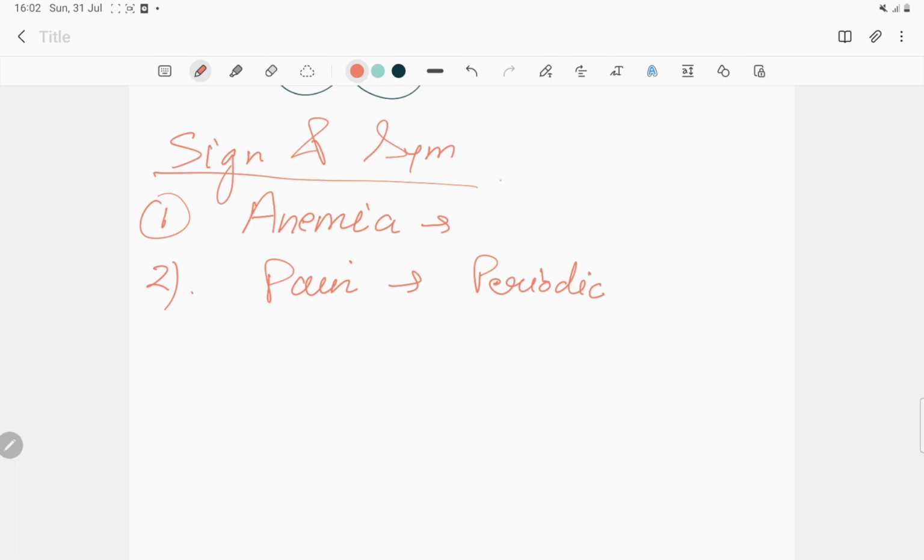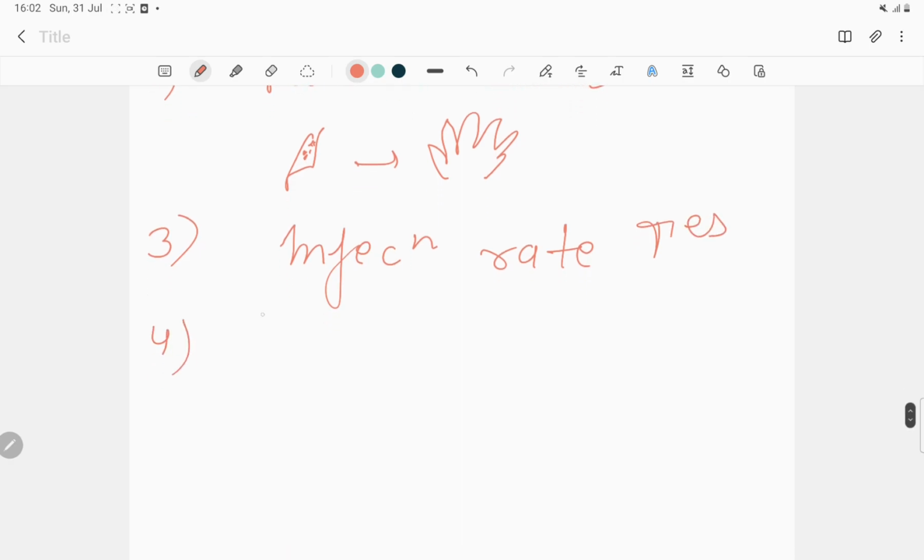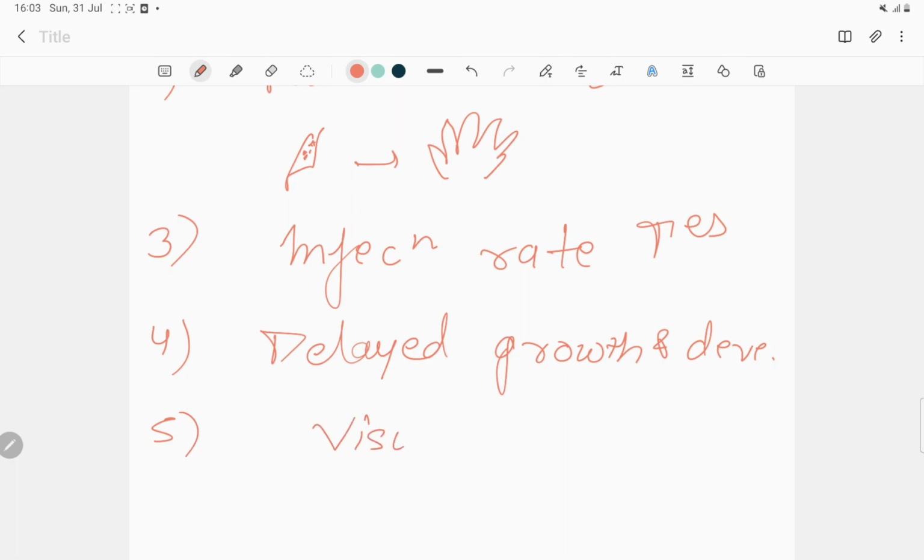Due to the blockade of tiny blood vessels, and there is swelling of hands and feet. The third is infection. Yes, the infection rate will increase. The fourth is delayed growth and development. There may be visual and heart problems.